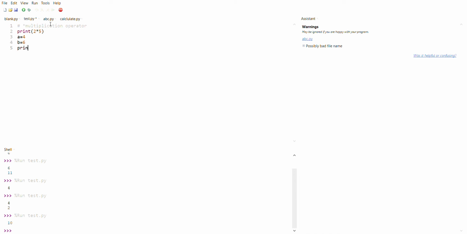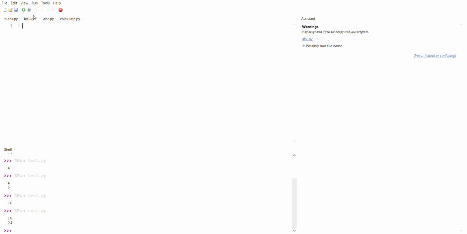Now print A into B. Here we got 10 for 2 into 5. And A into B means A is equal to 4 and B is equal to 6, so 4 into 6 is equal to 24. And here we got 24.